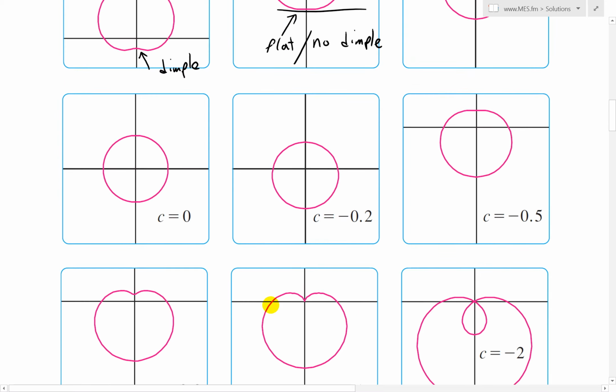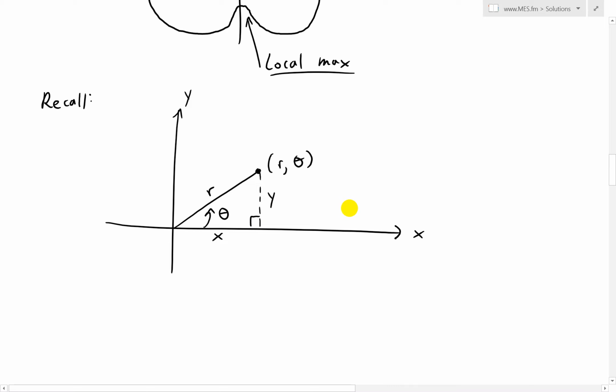This is r, theta in polar coordinates, but also this height we could call y, and this bottom part here is x. So if you want to write the y function of this, we could use trigonometry. Sine theta equals opposite over hypotenuse, y over r. Now move that over, and we have y equals r sine theta.